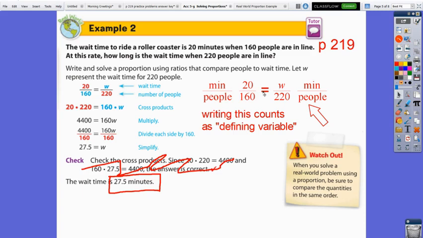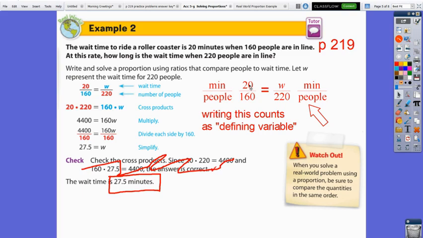It's acceptable for me, if you're going to write a proportion, to define the variables by writing the units of the top and the bottoms of the ratios on the side. The key to these problems is making sure that you write the same units on the top of both sides of the equation. I like to say this one's going to be minutes over people, and then the other side also has to be minutes over people.